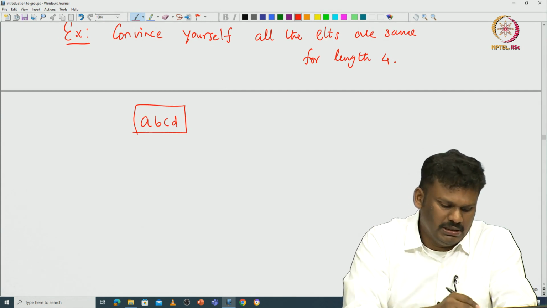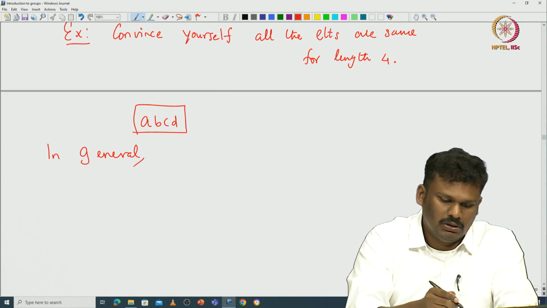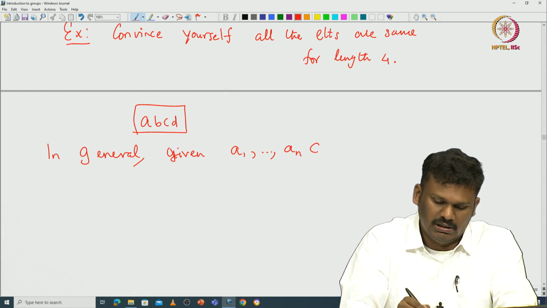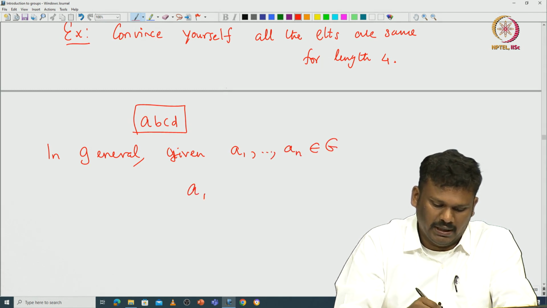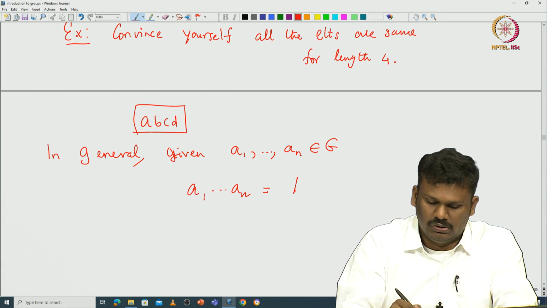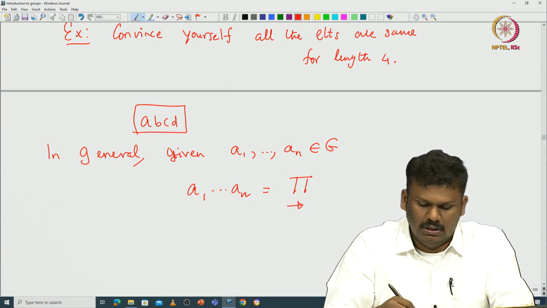So in general, given A1, etc., AN inside G, you write A1 product etc. AN. Or we can also use this notation, but this arrow matters a lot, because the product is taken in a very specific order. That is what this arrow means.